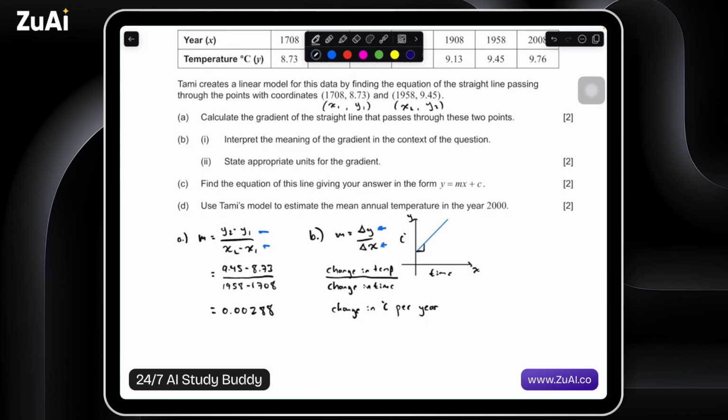State appropriate units for the gradient. So this would be part 2. Part 2, appropriate units. So if we're talking about, once again, change in y over change in x, we're talking about degrees Celsius per year. That would be fine for our units.